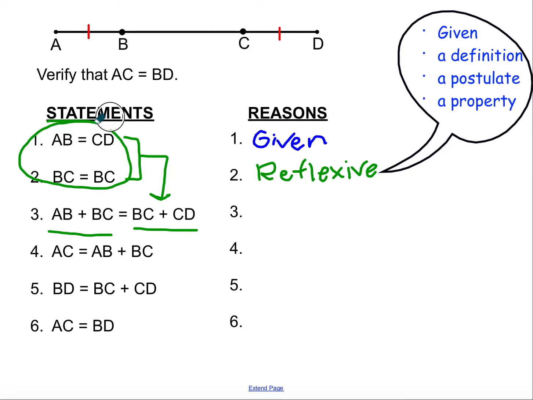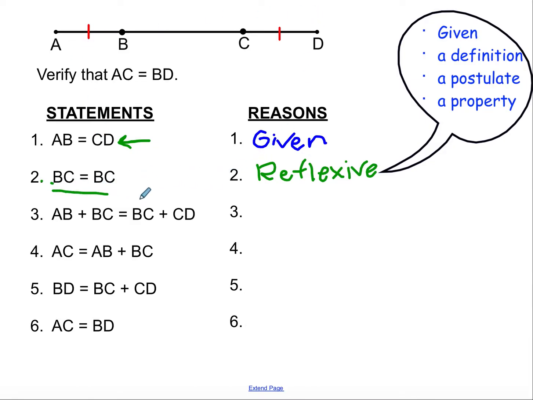Well, you should notice that all we did was we took our original statement, AB equals CD, which we knew was true, and we used this to add the same thing to both sides of an equation. We took AB equals CD, and all we did was we added BC to both sides.